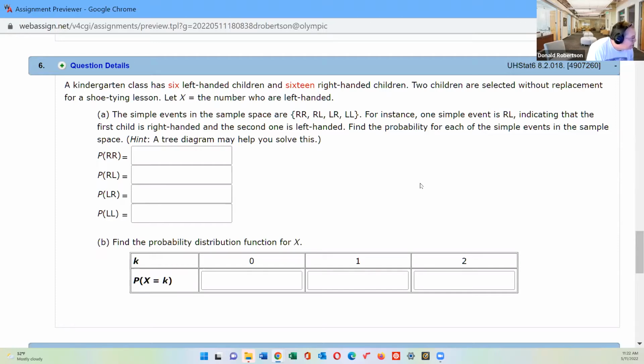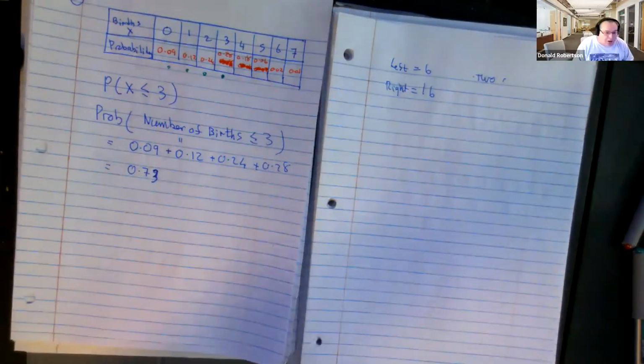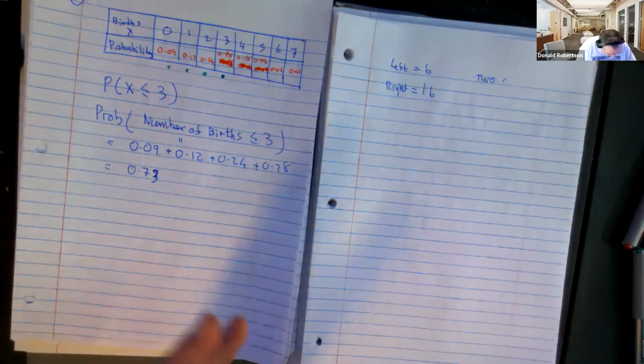And if you're right-handed, it's 16. And 2 children are selected at random without replacement. I should show you me writing this down as well. That would help. So we're going to take all this information and we are eventually going to construct a probability distribution table, but it's a little bit messy.